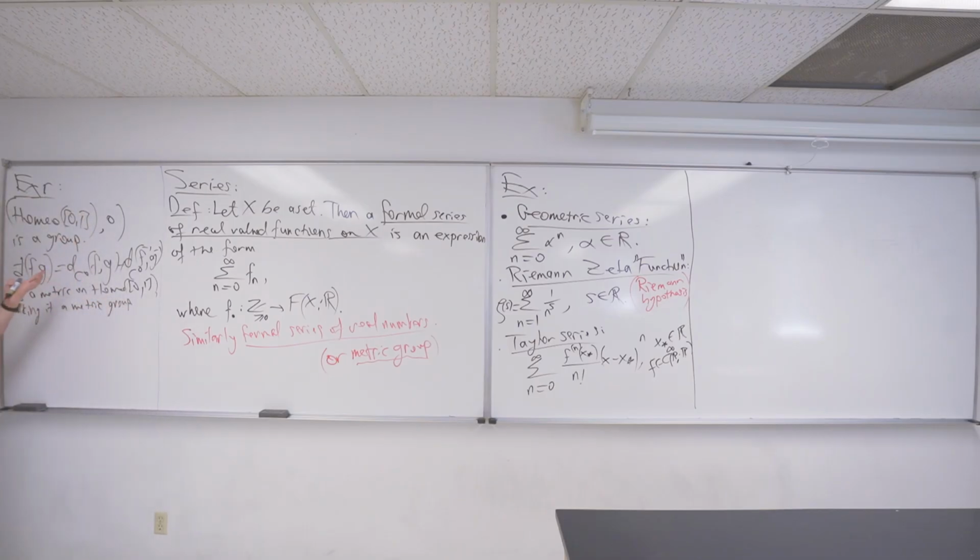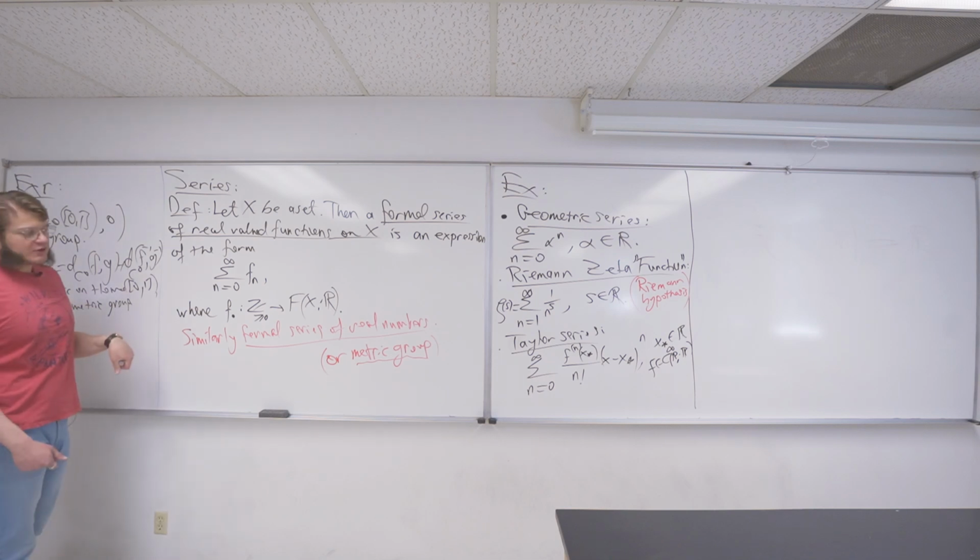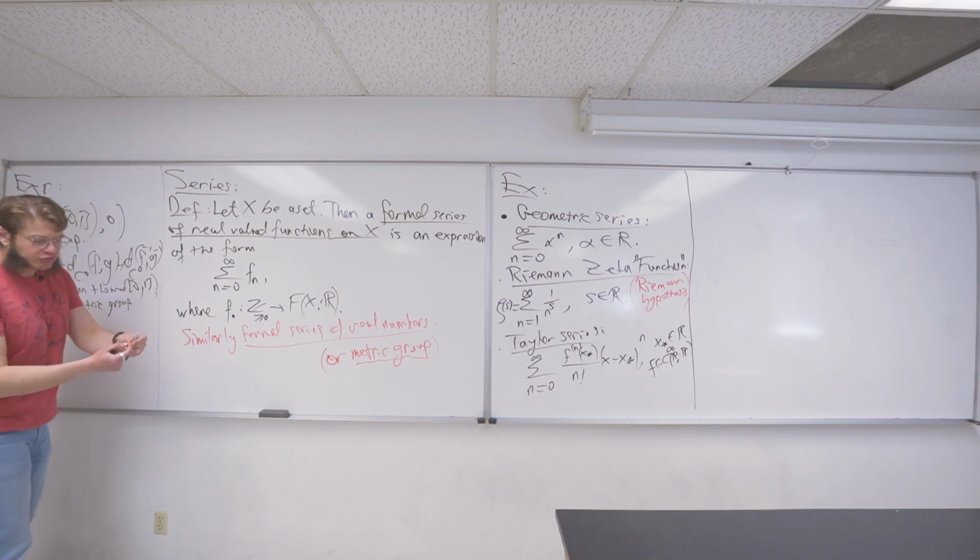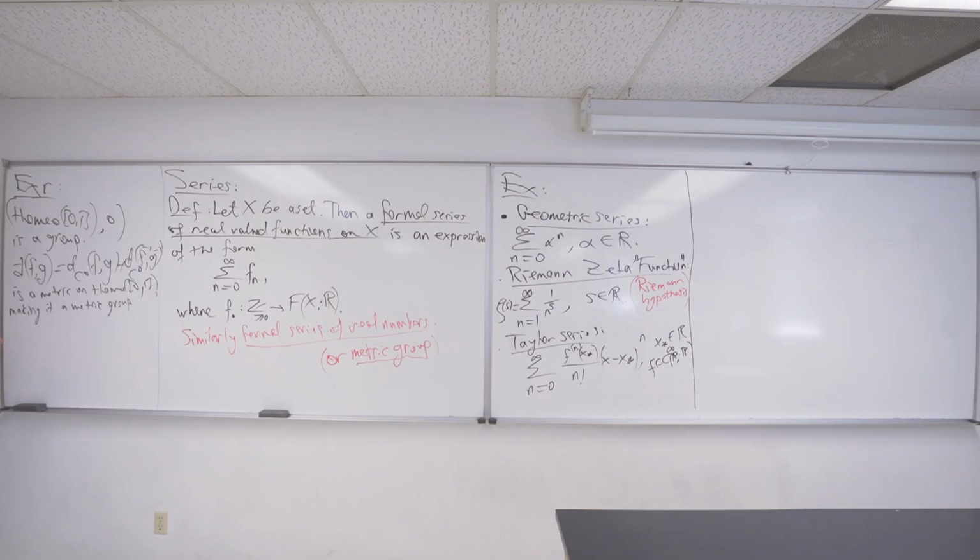In this case, I cannot just add homeomorphisms and expect to get a homeomorphism, but I can certainly take a sequence of homeomorphisms and keep composing them. And so I can look at formal compositions like this.